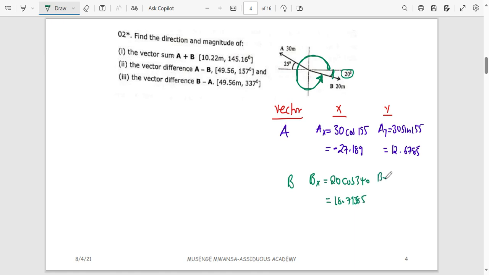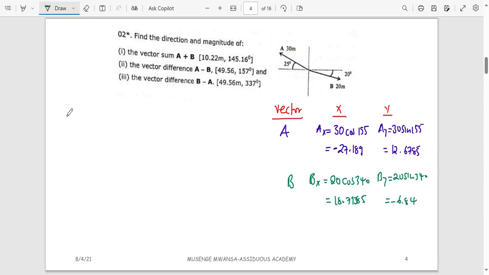And then By is also going to be 20, but sine 340. So 20 sine 340 is going to give us negative 6.84. Does this make sense? Yes. Why? In the fourth quadrant where B is, x is positive while y is negative, so that makes sense.